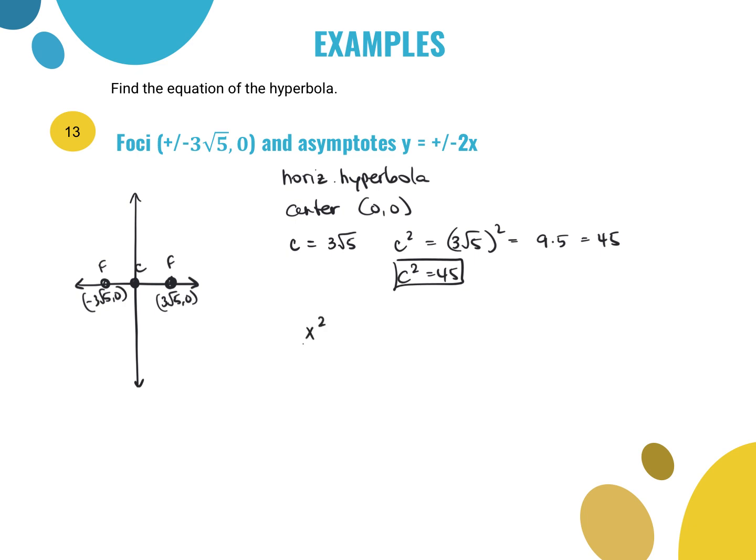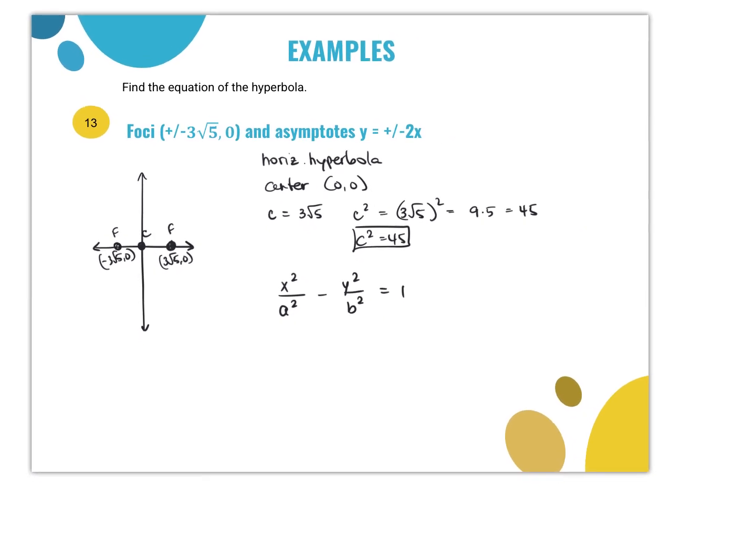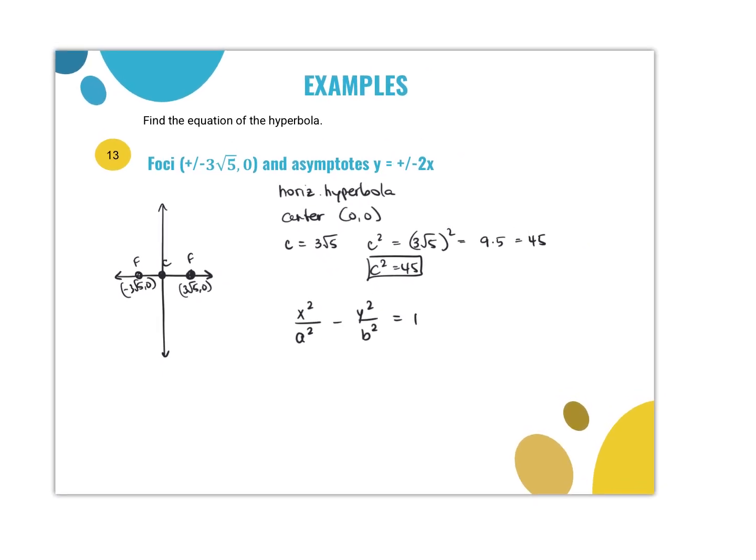Let me just write what the equation is going to look like. It's going to be x squared first over a squared minus y squared over b squared, and it's going to equal 1. So in this problem, I still need my a squared and my b squared. Now I'm told that my asymptote is y equals plus or minus 2x.